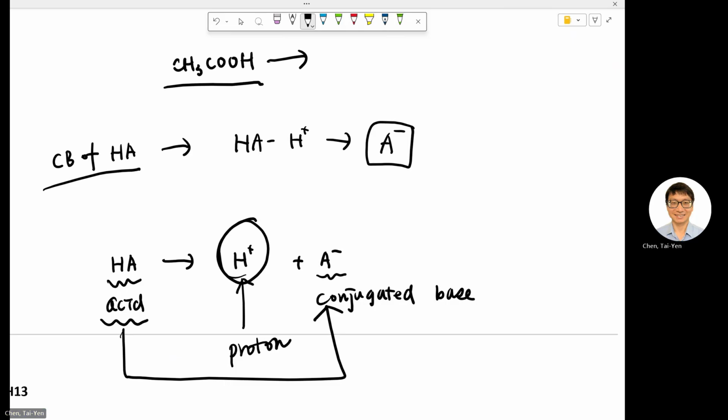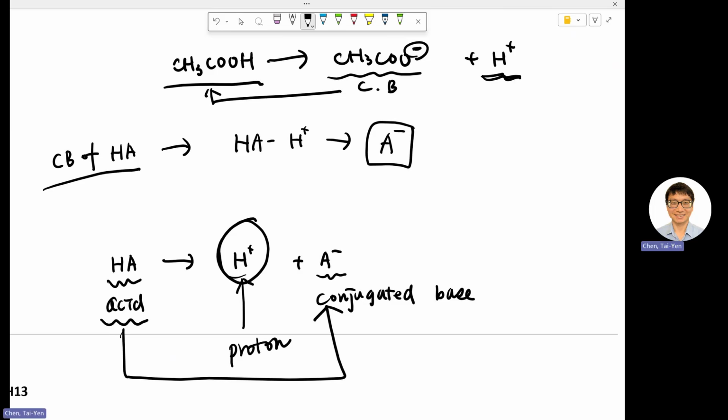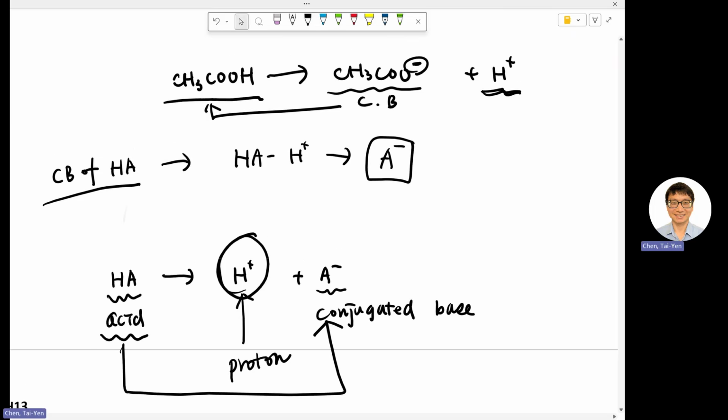Therefore, you should write this. But you need to take away an H, and also take away a positive charge, right? Therefore, put the negative sign on top of it. Because you took away this H plus, this species will be the conjugate base of acetic acid. Is that clear? Okay. One more example.